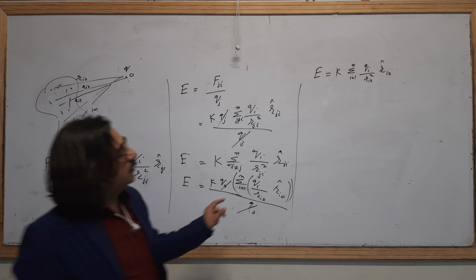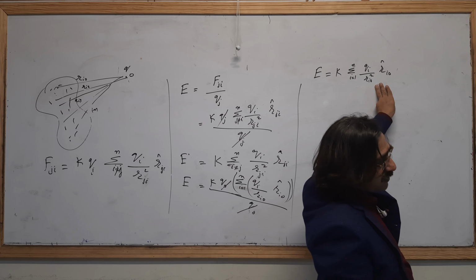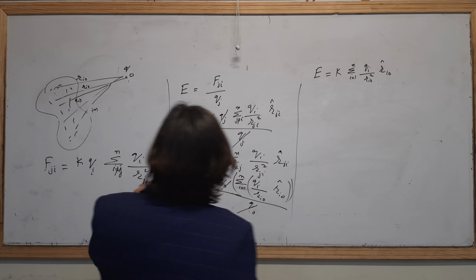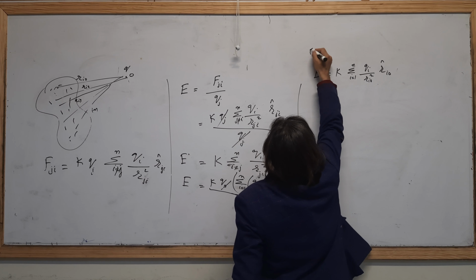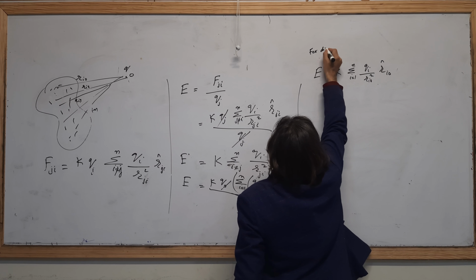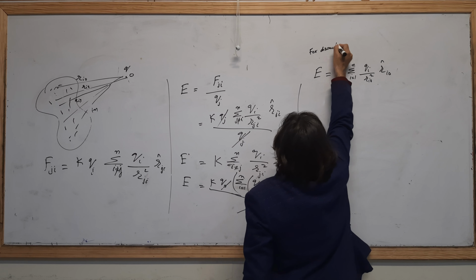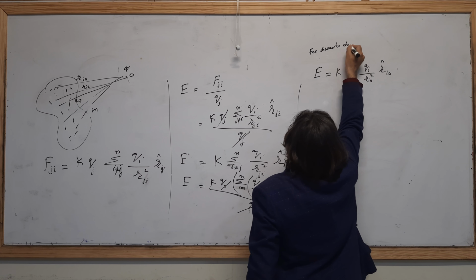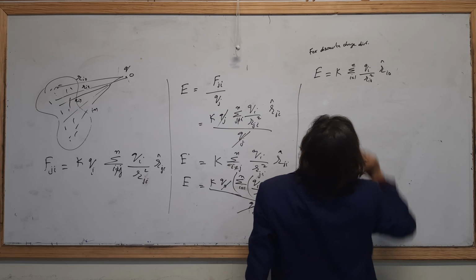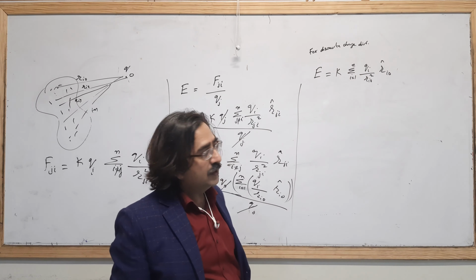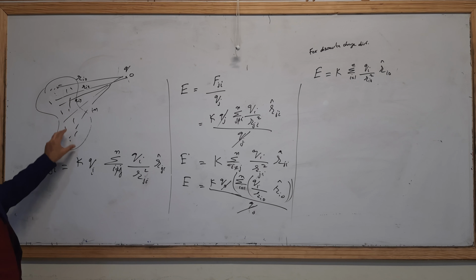This was for a discrete charge distribution. So this relationship is for discrete charge distribution. There are 1, 2, 3, 4, many different charges that are distributed.